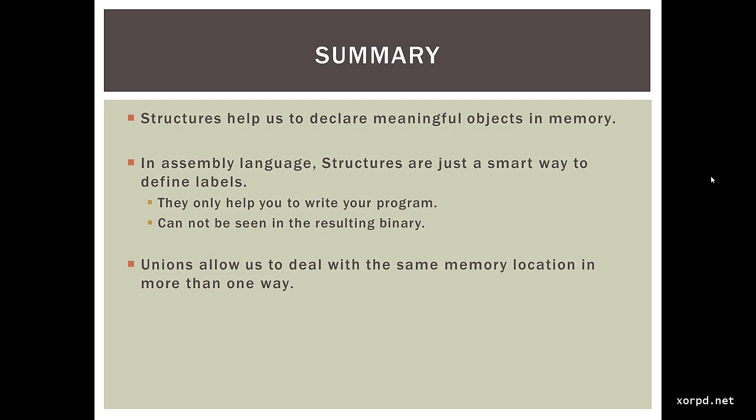They are just a helper tool. They are not something that the processor can see or understand. Unions allow us to deal with the same memory location in more than one way. Which means that using a union, you can define the same place in memory, maybe the same dword, in 2 different ways, which can be useful sometimes.